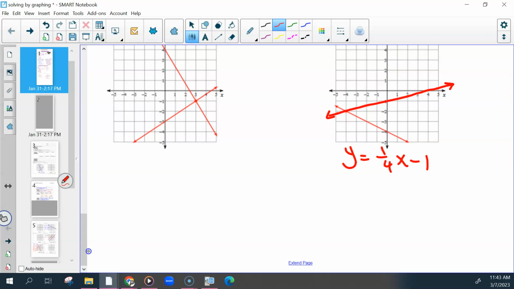Up 1 to the right 4. My line is a little crooked, but it should be going over 4. And then the line of the second one. Anyone figure that one out already? Negative 1/2 x. And what is our solution? Negative 4.